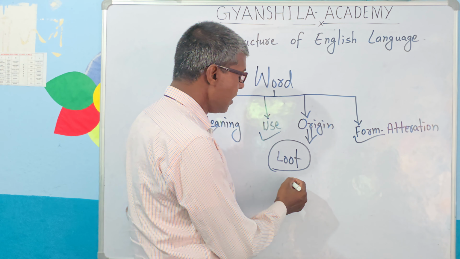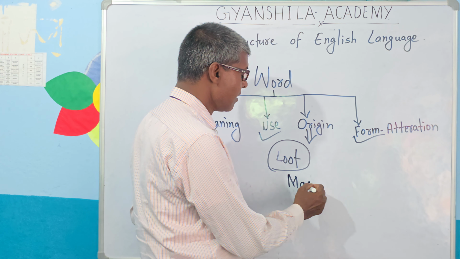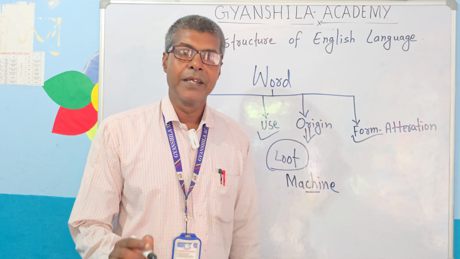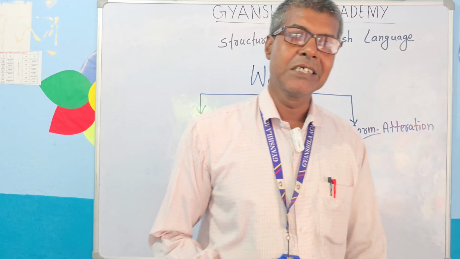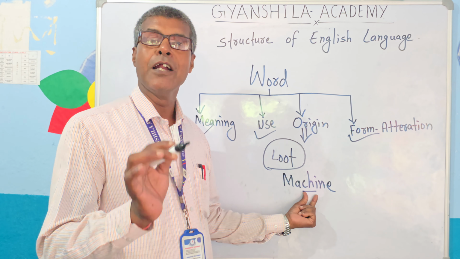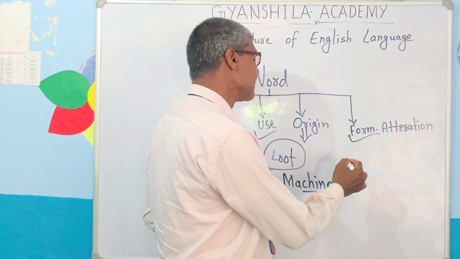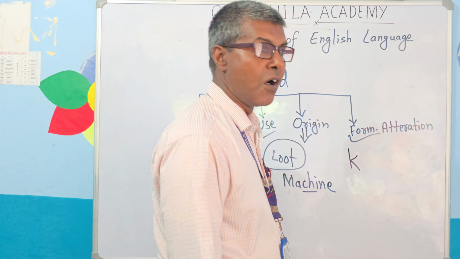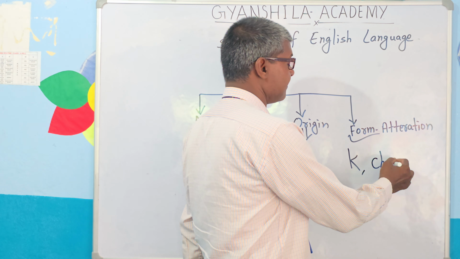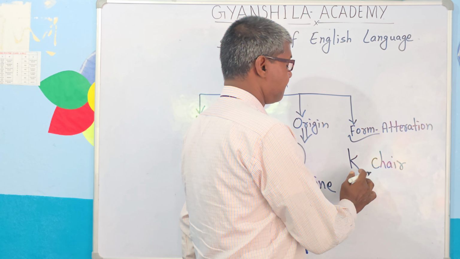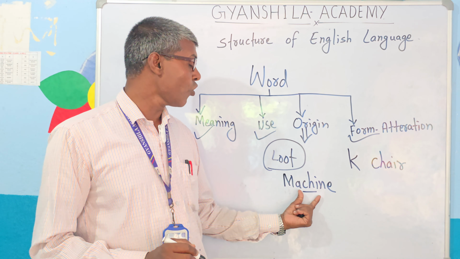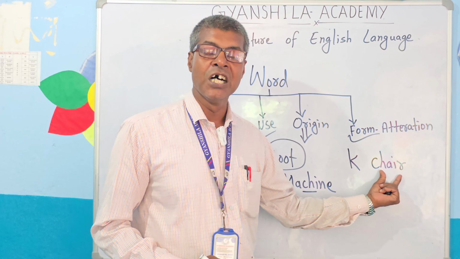See, a word: machine. In general, in English, the CH group of letters gives the normal pronunciation like K or like in chair. But in some English words, CH is not pronounced as K or Ch.